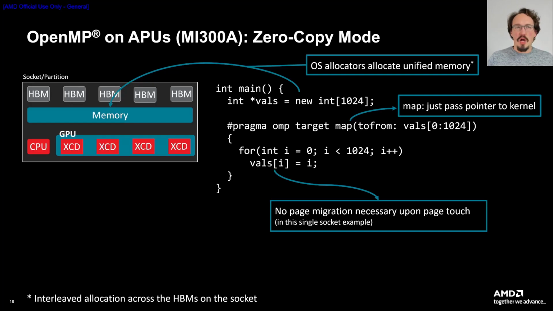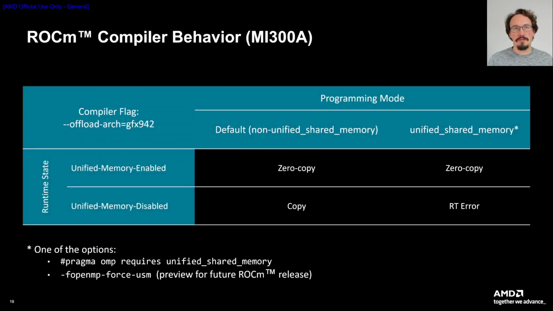We have seen there are a number of ways to achieve zero copy at runtime, and we thus want to summarize these possibilities. First, you compile your application normally for a given target architecture. In this example, for GFX 942.